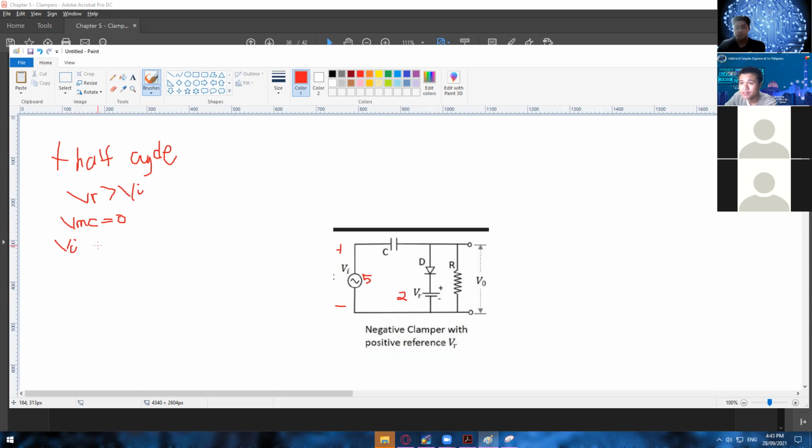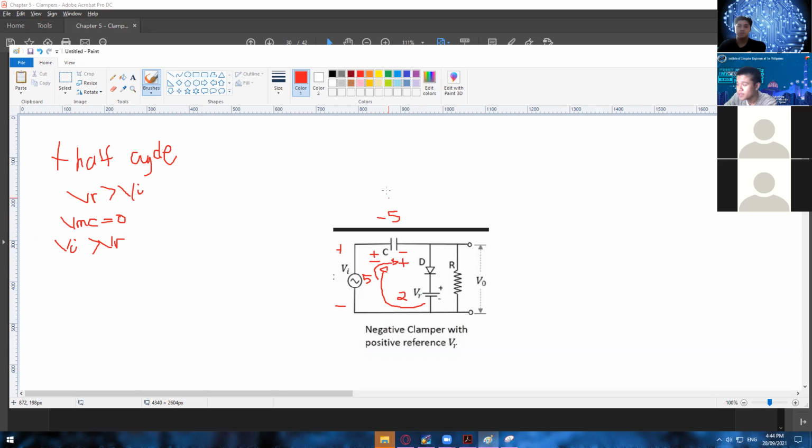But once VI is greater than VR, this will now become forward bias, and then this 5 volts now will flow on this circuit. So this will be positively charged and then negatively charged by 5 volts. So we have negative 5. And then it will pass through this diode right here, wherein it will be negatively charged, and then will be positively discharged.